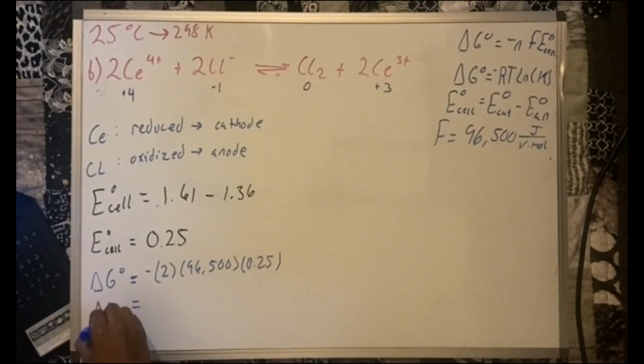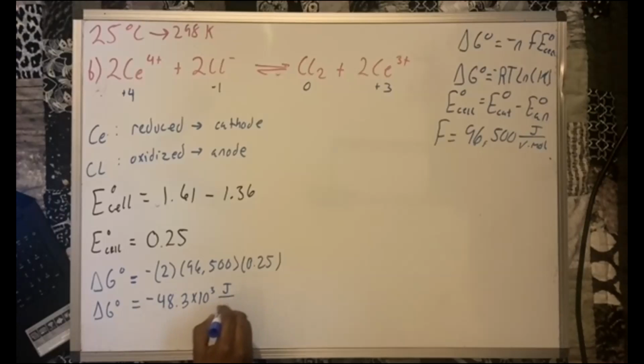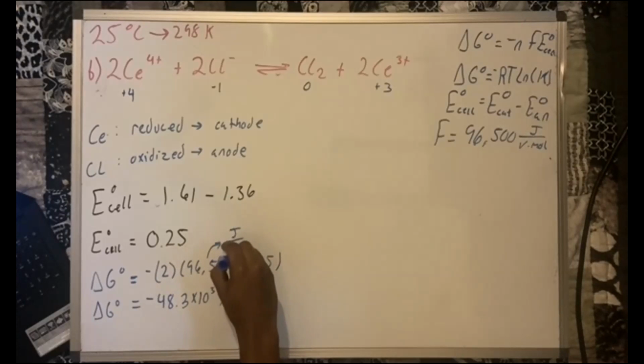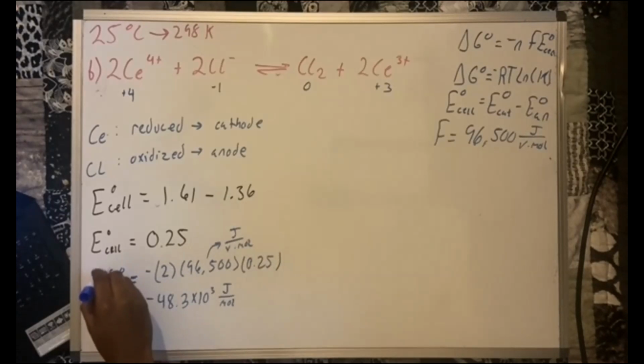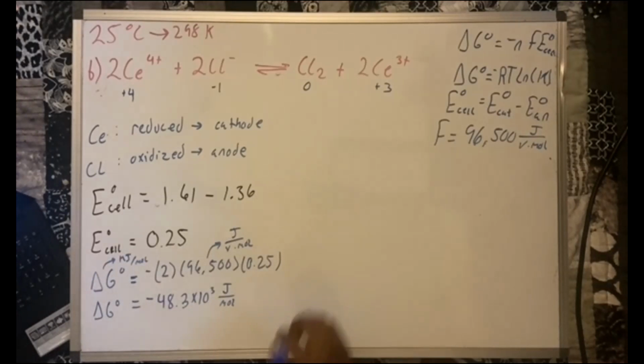So delta G is negative 2 times 96,000 times 0.25, which is -48.3 times 10 to the 3 joules per mole. Also, never forget that this is in joules per mole, joule volts per mole. So if you calculate delta G in kilojoules, you have to make sure they're in the same units. Just a side thought.